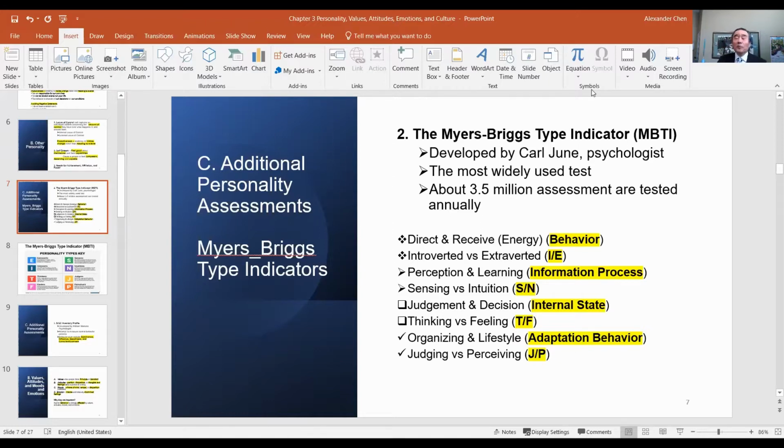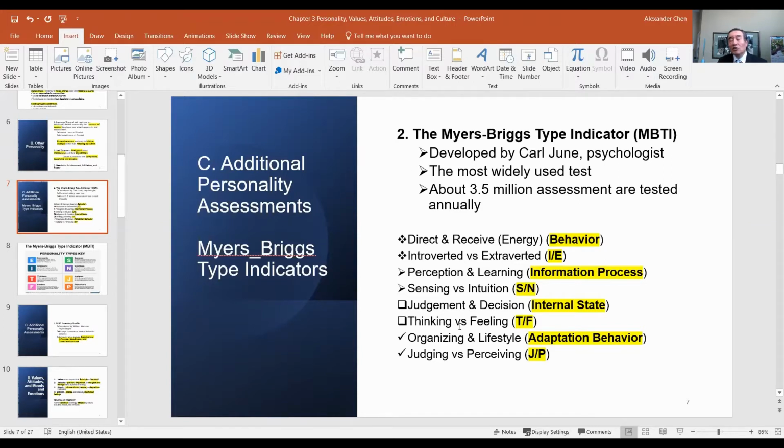Personality can be so broad, and this Myers-Briggs focuses on behavior in 2 directions. Then information processing, perceiving and learning: are you more likely to have this tendency or that tendency? To make judgments and decisions, are you more of a thinker or a feeler?